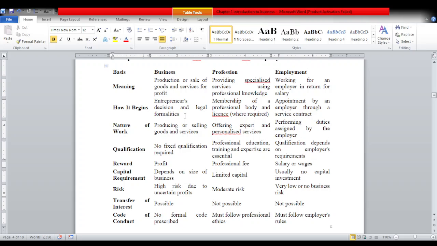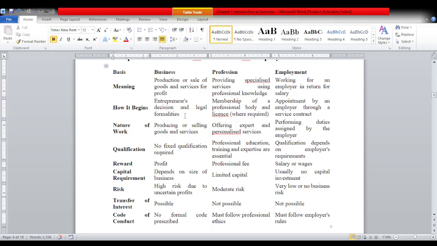Professional services might require a limited amount of capital. You can set up your own services, your own venture. In this case, you definitely have to invest money, but the money you invest in providing professional services like a CA and CS will be a limited amount of capital.